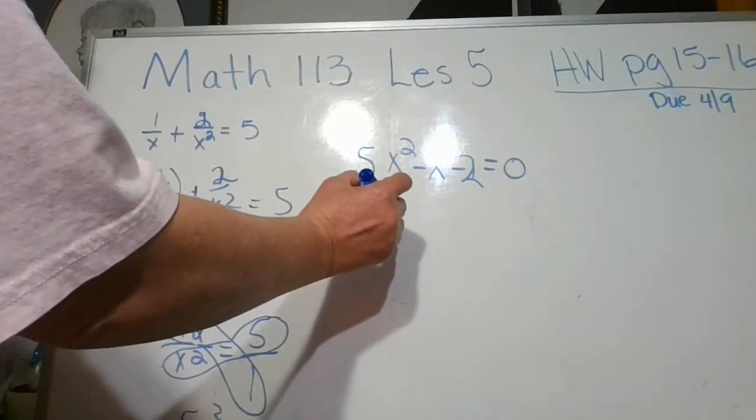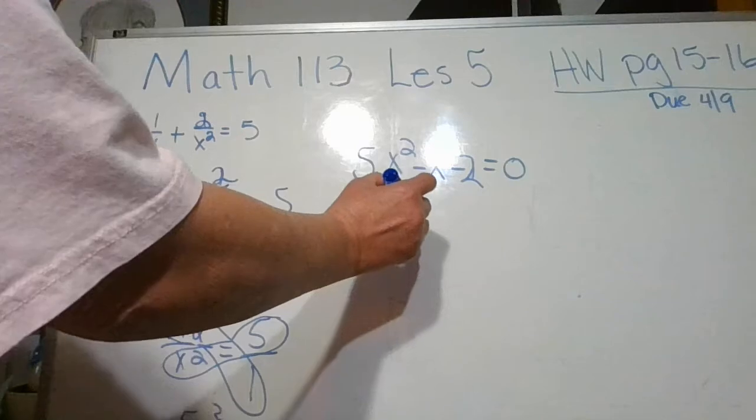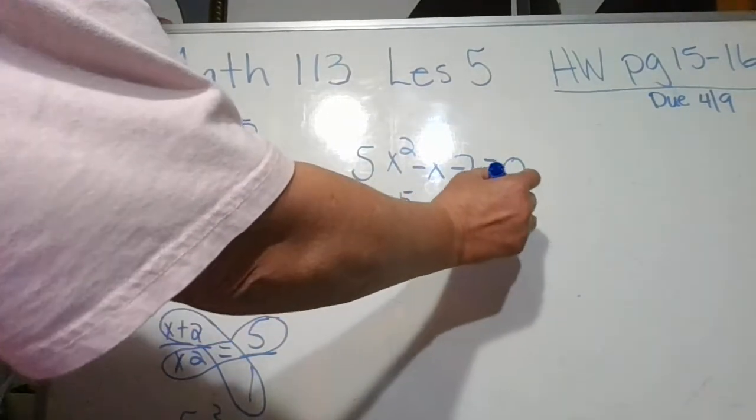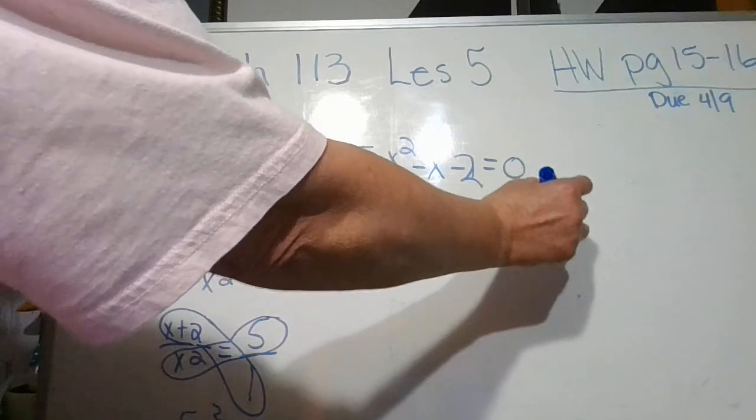So I have A is equal to 5, B is equal to -1, and C is equal to -2.